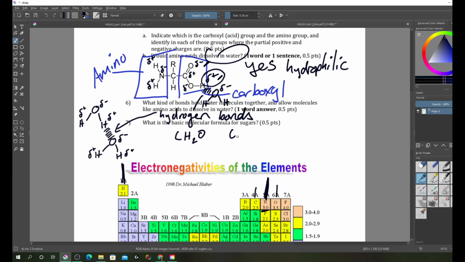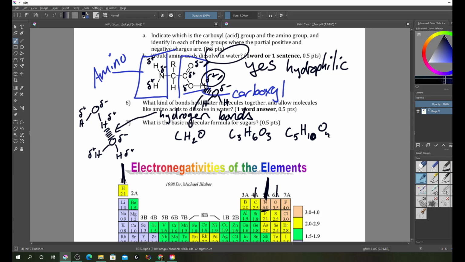So that could be like glycerol, that could be C3H6O3. Same number of carbons and oxygens. For every carbon, there's an oxygen, and twice as many hydrogens as carbons. You can have 5, like ribose, like in DNA.